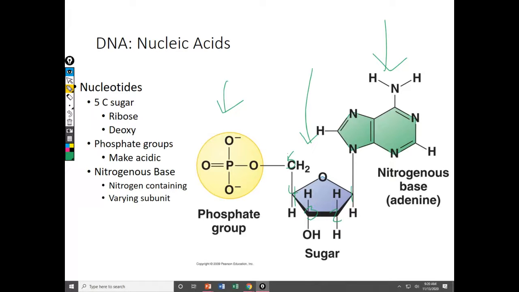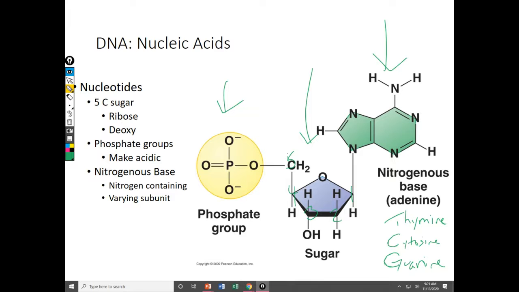Okay, nitrogenous bases. So I'm showing you one example, adenine. All right, remember we have 4 of these, A, T, C, G. Okay, I'm never going to ask you to draw them out or recognize them.